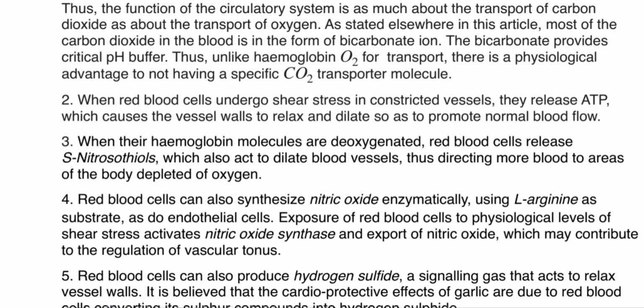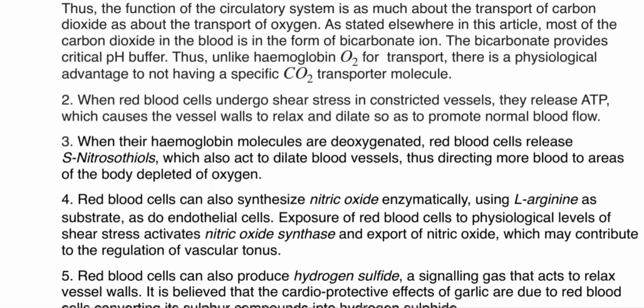So when shear stress is applied to the RBCs due to the constricted vessels, they release ATP, due to which the vessels relax and dilate so as to promote normal blood flow. So it is of much advantage for us.